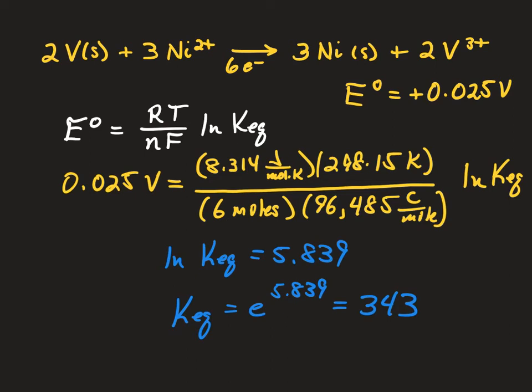And conversely, if we knew the equilibrium constant for a process, and we knew how many moles of electrons were transferred in that process, we could use that to find the standard potential in a straightforward way. So now we've dealt with this equation under standard conditions. Just like with delta G, now we have to look at the potential to work with it in non-standard conditions.